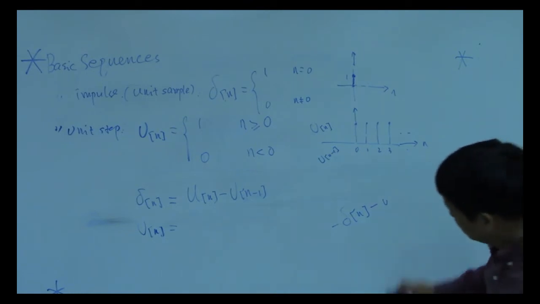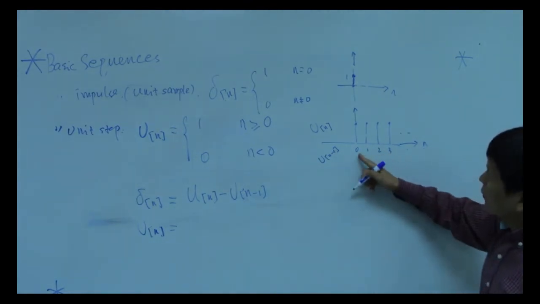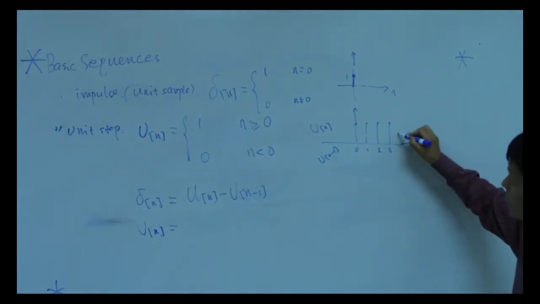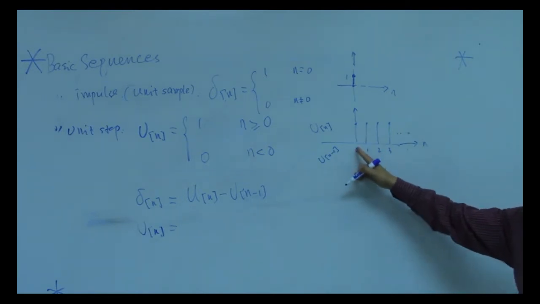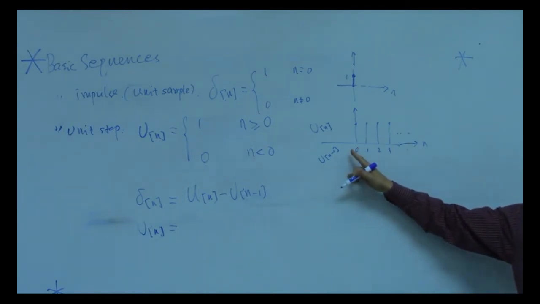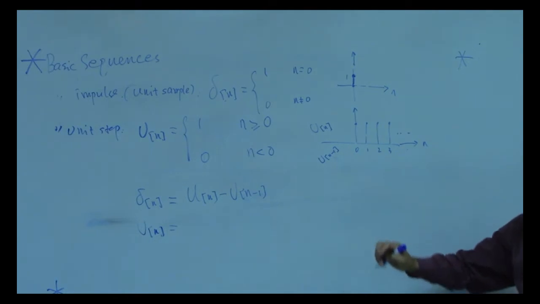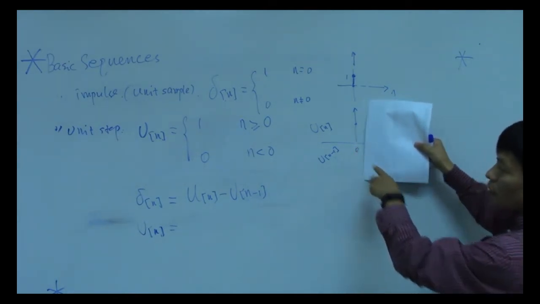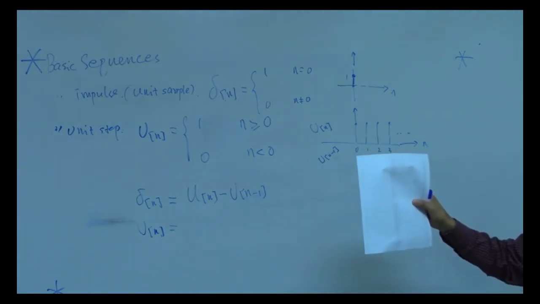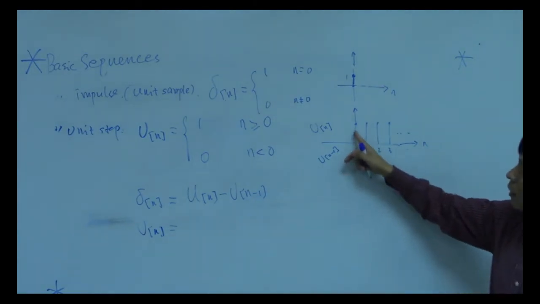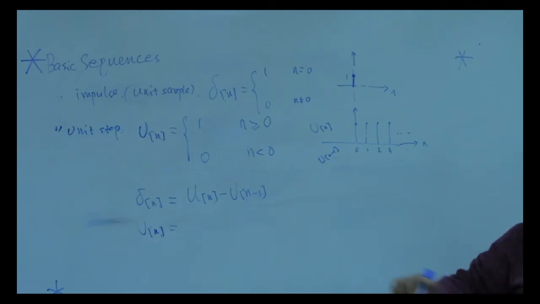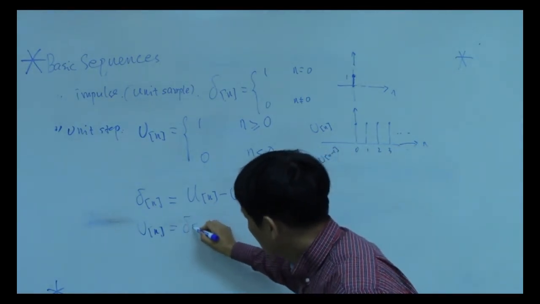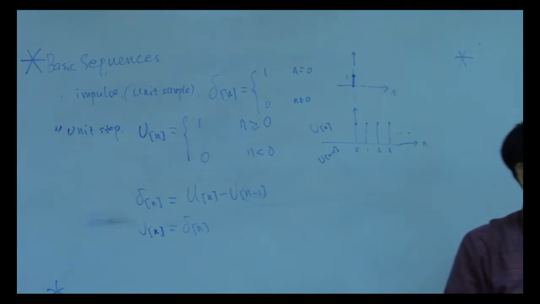I'll give you a hint. This is u[n], right? We have infinite terms. What is the first term? What is this one? So 1. Is this one equal to this? So the first one equals this one, right?